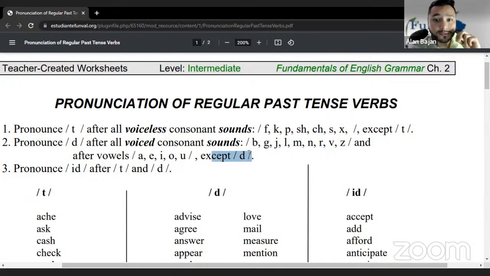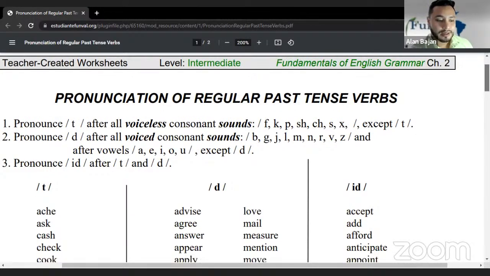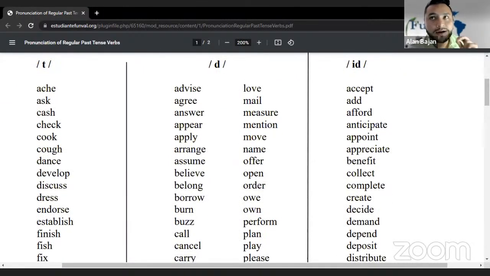Los verbos que en su forma original, el último sonido es con la T o la D, agregamos la sílaba id. Accept, accepted. Add, added. Afford, afforded. Repeat, afforded.